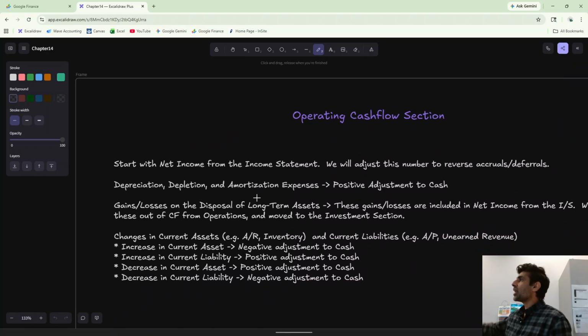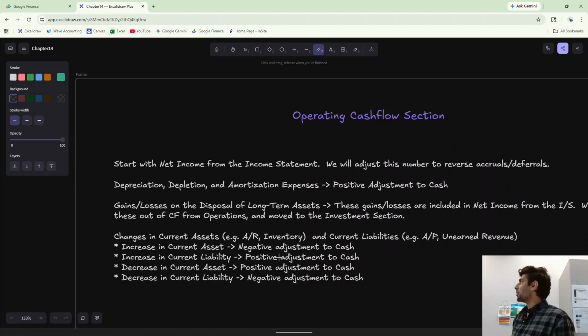Okay, start with net income, add back depreciation, depletion, and amortization expense, add back or subtract any gains or losses from the disposal of any assets. And then you'll have to do these adjustments for how the current assets and current liabilities accounts changed. And that will give you your cash flow from operations. Okay, so this is a step-by-step guide. Start with net income, do these adjustments, and you'll get your cash from operations.